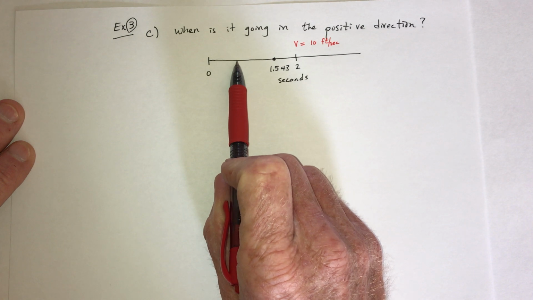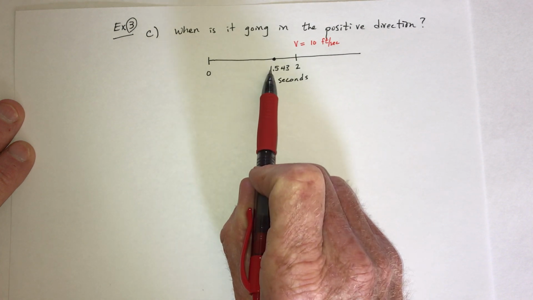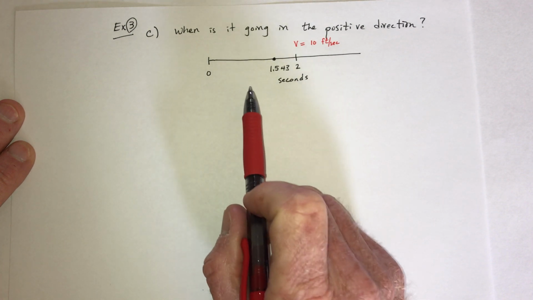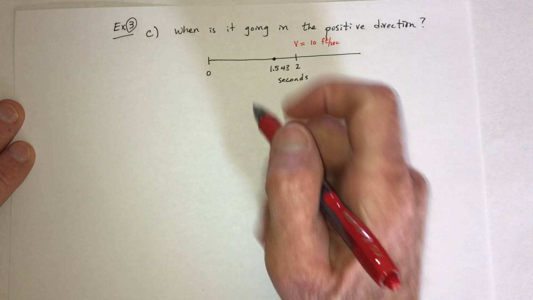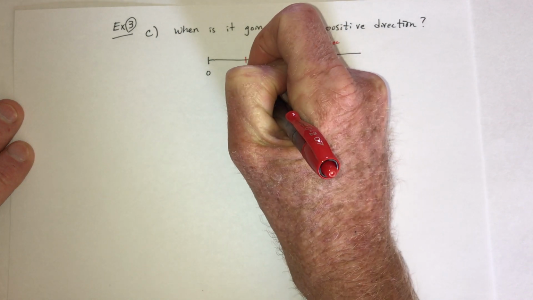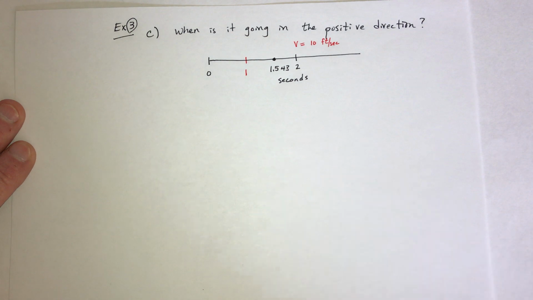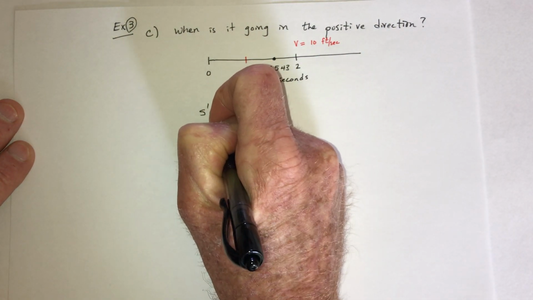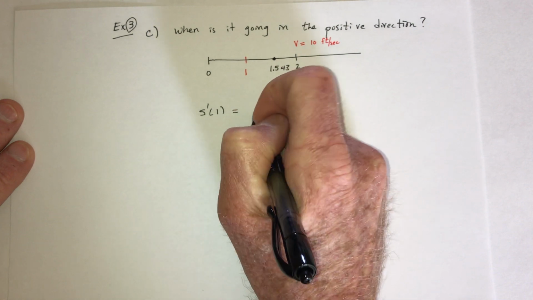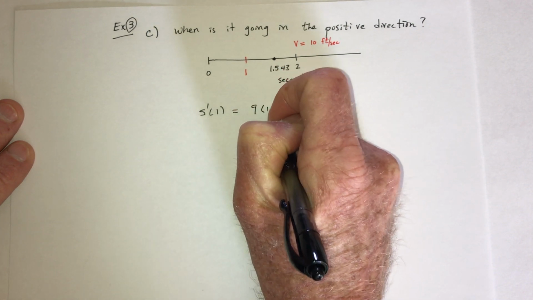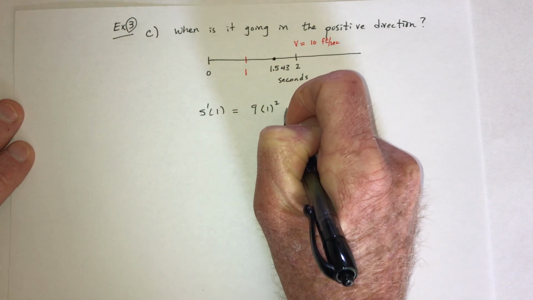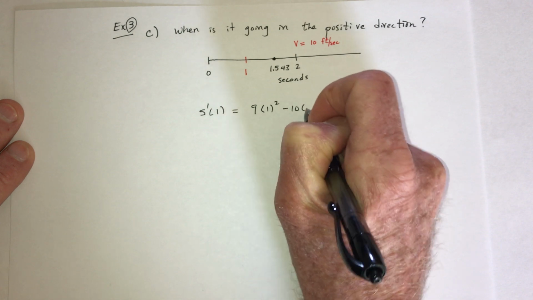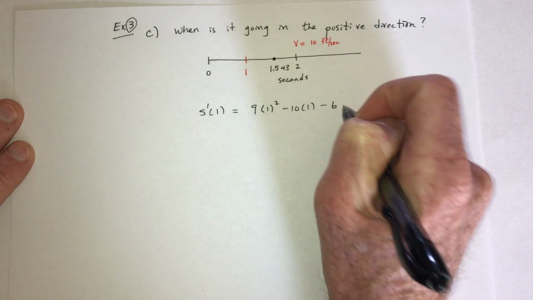What about over here, between 0 and 1.53? So what I should do is pick a number in between. I'll just pick the number 1. And then substitute that into the derivative. So what's the derivative if I substitute a 1? So that would be 9, and then it was x squared minus 10 times x minus 6.